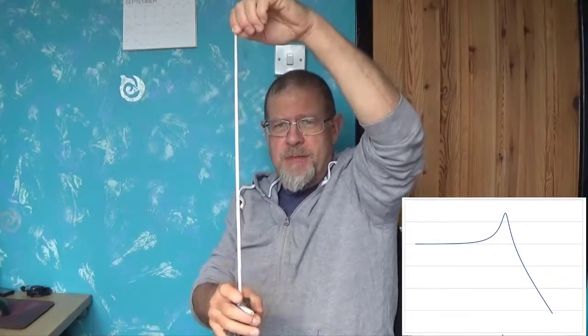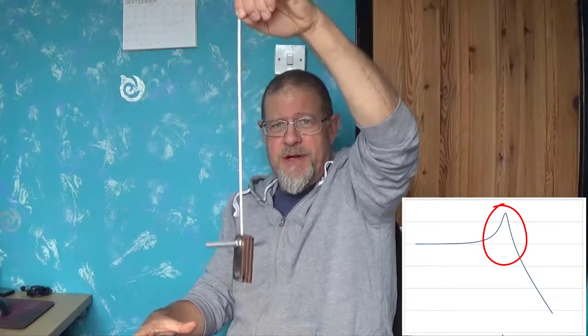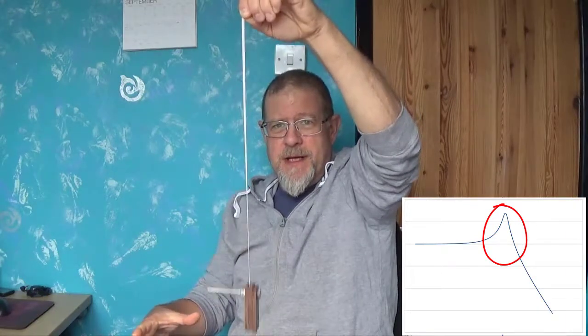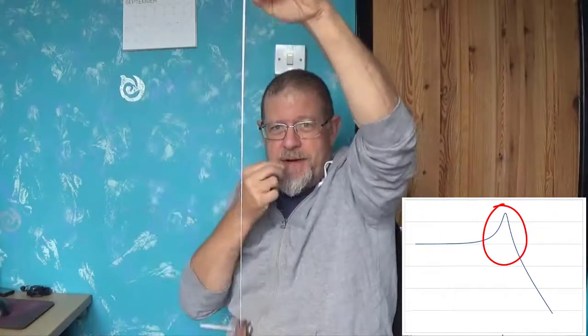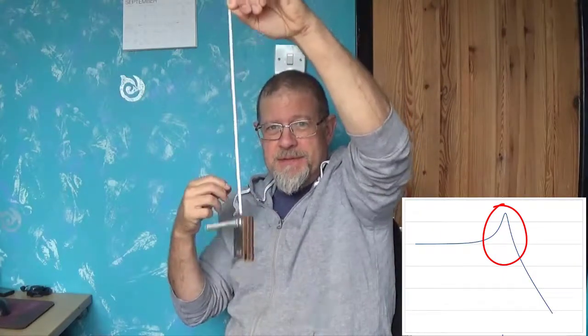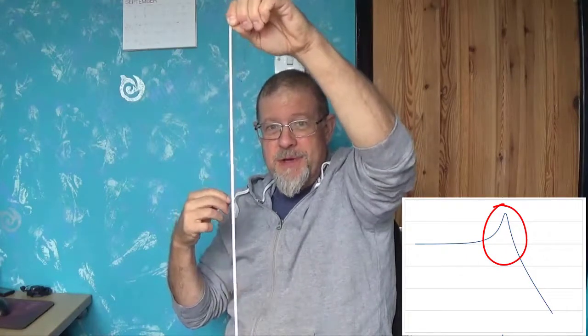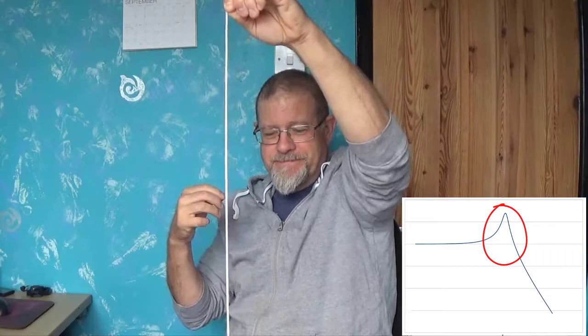And if I move it up and down at a certain frequency, you can see I'm moving my hand at the top here very little, and the piece of metal is bouncing up and down quite a lot. So it's resonant at that point.